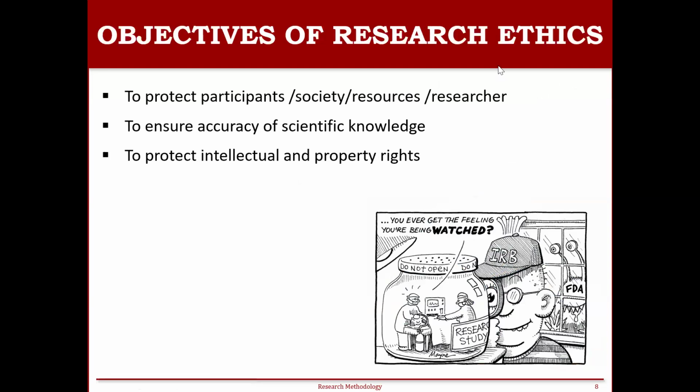So when it comes to these research ethics, there are a few objectives, right? Mainly we can identify 3 objectives of research ethics: to protect the participant, society, resources, and the researcher. The second one is to ensure the accuracy of the scientific knowledge. The third one is to protect the intellectual property rights.